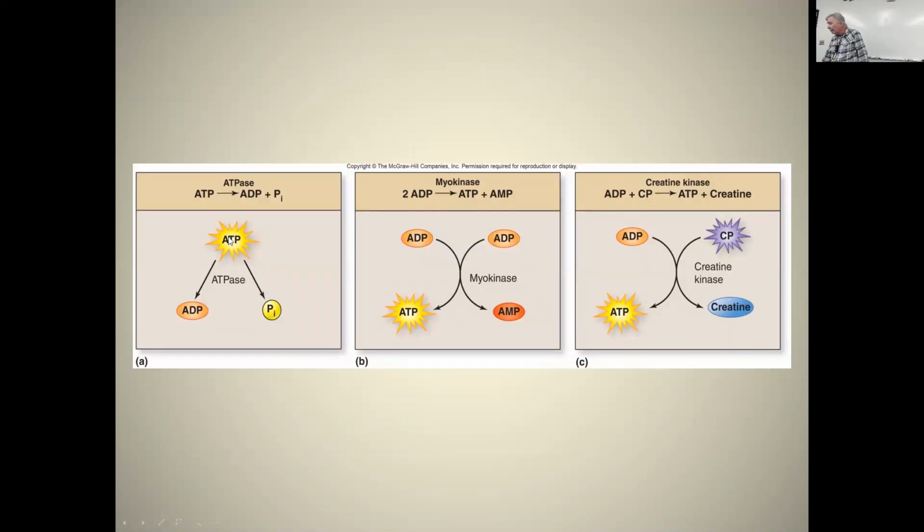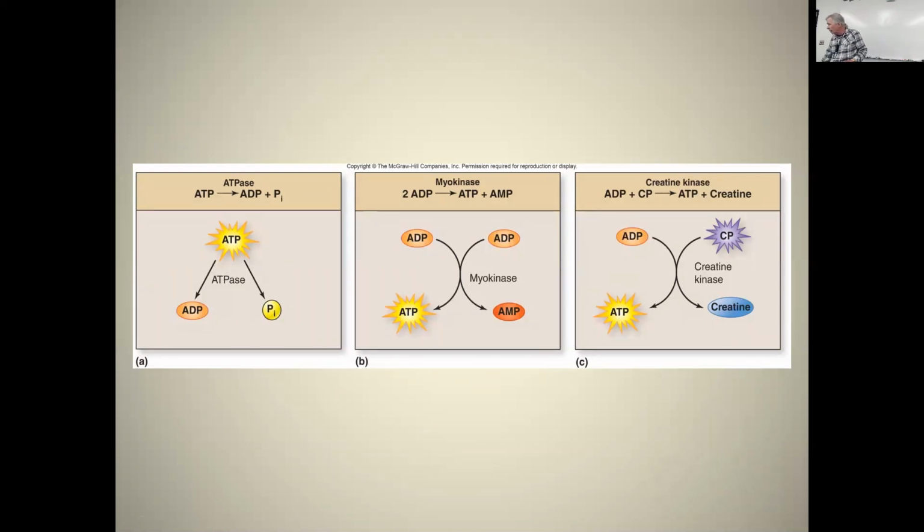So here's the ATPase breaking ATP down to ADP and Pi. Here's myokinase, which can take 2 ADPs and make an ATP and an AMP.